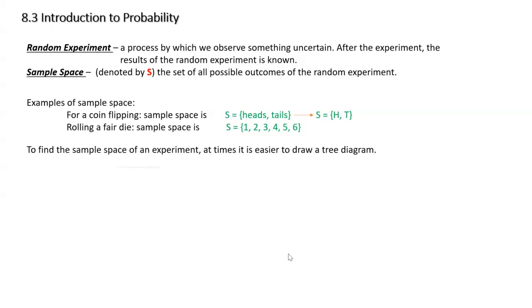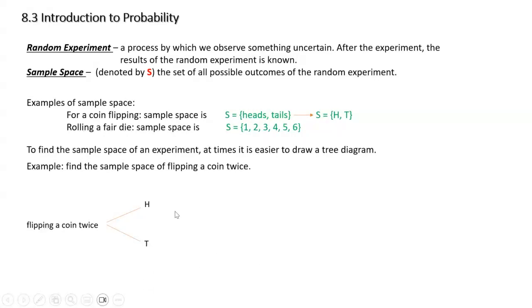For example, find the sample space of flipping a coin twice. If you toss it, the first flip can be either heads or tails. Now my second flip: if it was heads first, then it can be heads or tails.